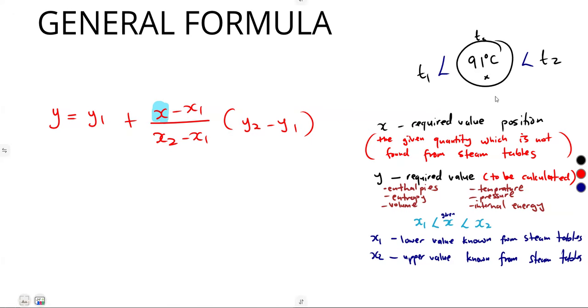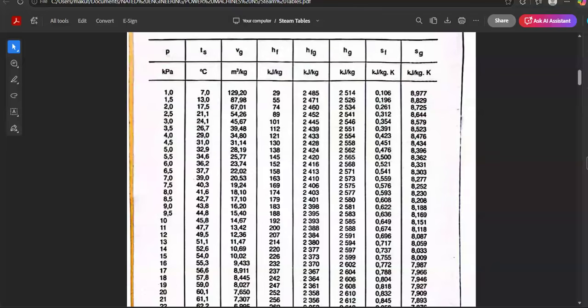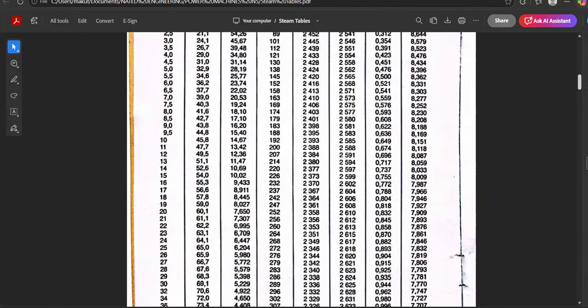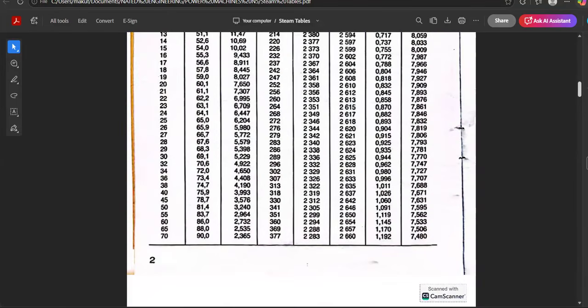It is temperature, it is pressure. You choose the values that are known from the steam tables. Let's say for 91 degrees Celsius, what will be the boundaries? You check according to what you have. In terms of the temperature, we do not have 91, but we have got 90 here. So you're going to consider the 90 degrees Celsius as part of your boundary.